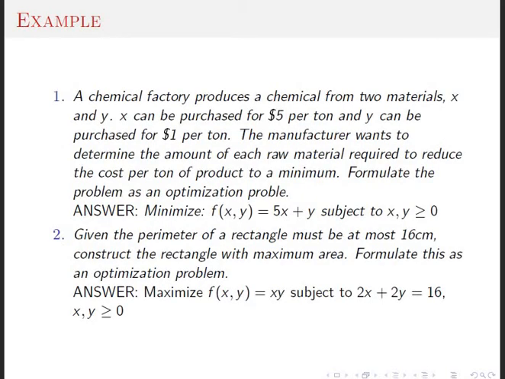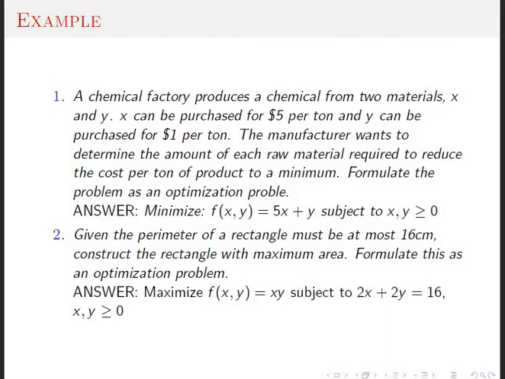Let us consider an example. A chemical factory produces a chemical from two materials X and Y. X can be purchased for $5 per ton and Y can be purchased for $1 per ton. The manufacturer wants to determine the amount of each raw material required to reduce the cost per ton of product to a minimum.